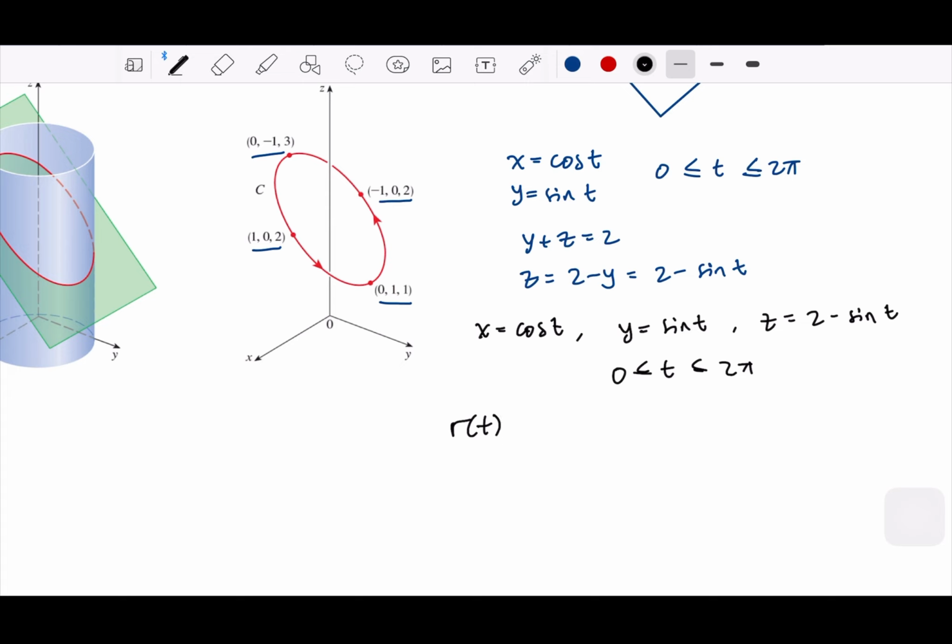So we will have a vector position or vector equation for r.